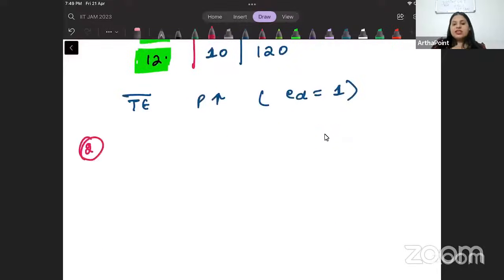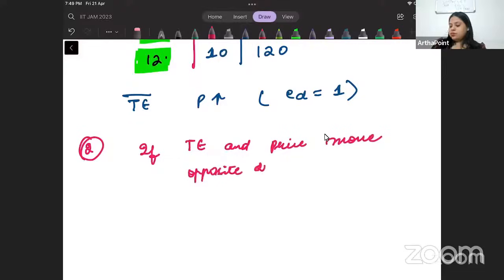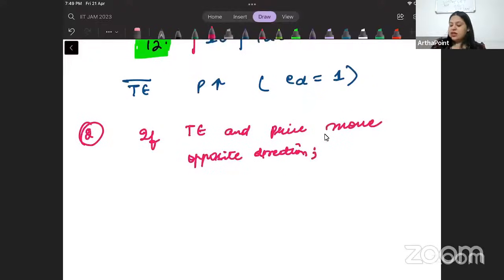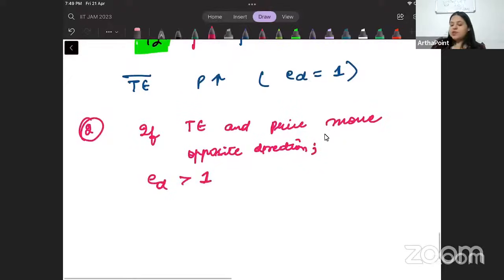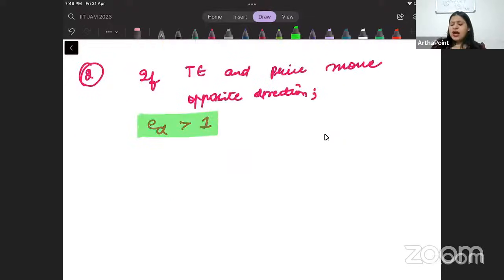Come to the second point. Now I am saying that if total expenditure and price move in opposite directions, then we say that the elasticity of demand is greater than 1.